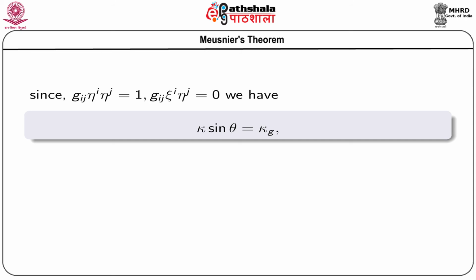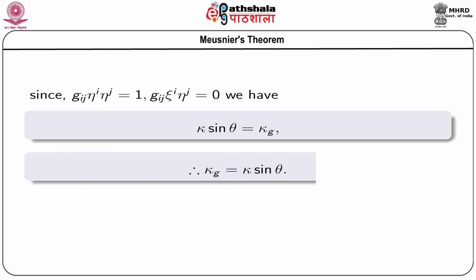So, we have kappa sin theta equals kappa_g. That means, the geodesic curvature of a surface is nothing but kappa sin theta. So, equation number 12 is kappa_g equals kappa sin theta.